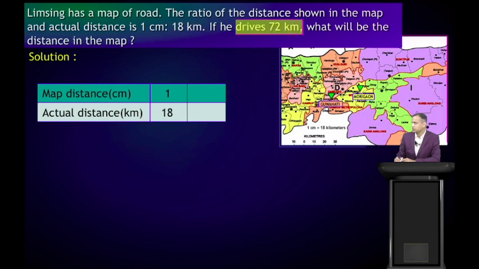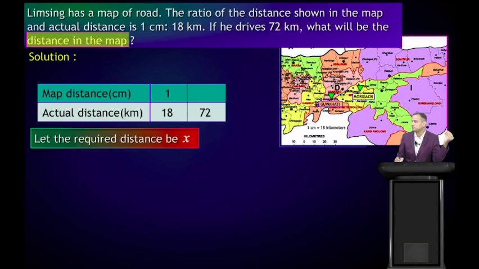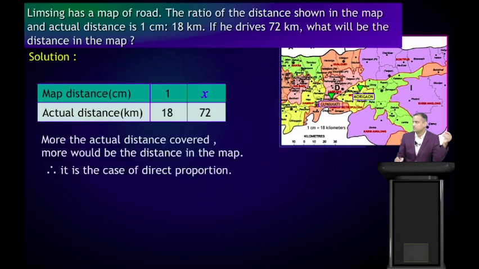Now he drives 72 kilometers, so it is the actual distance. So we can take 72, but we have to find the distance in the map. So let's assume required distance be x. Okay, again this is the case of direct proportion, because more the actual distance covered, more would be the distance in the map.